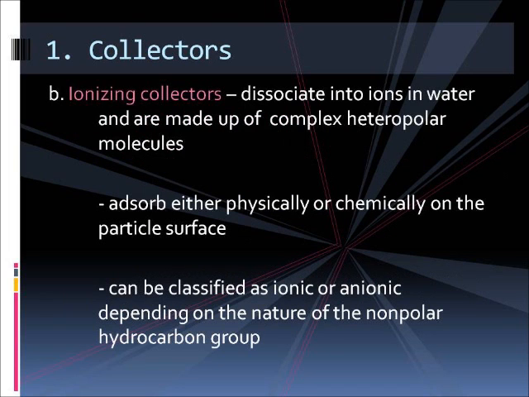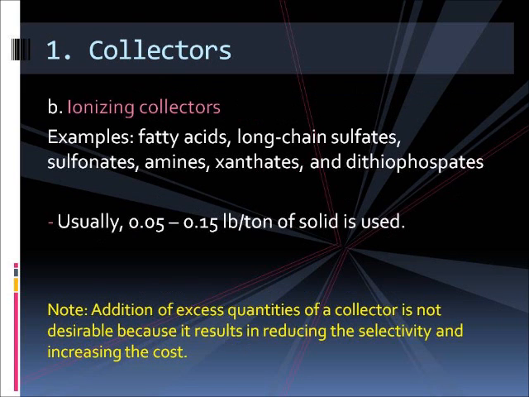The next type of collector is the ionizing collectors. They dissociate into ions in water and are made up of complex heteropolar molecules. Again, they adsorb either physically or chemically on the particle surface. They can also be classified as cationic or anionic, depending on the nature of the nonpolar hydrocarbon group.